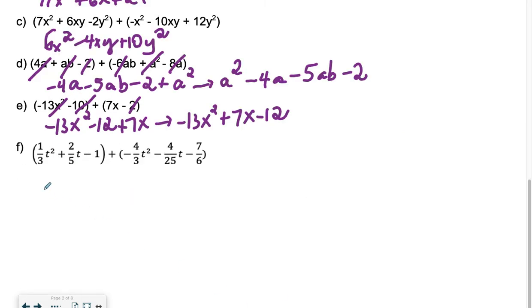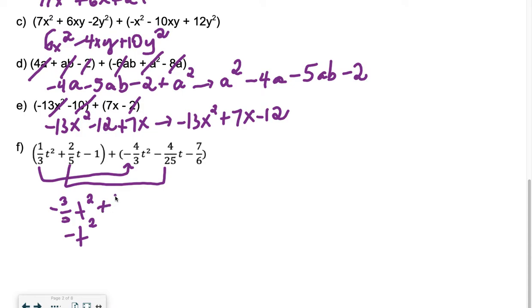Finally, some fractions, so I would get common denominators. These can combine together. They already have a common denominator. Negative 3 over 3t squared, which just is negative t squared. 3 over 3 is 1. 2 over 5t and negative 4 over 25t. So the common denominator there would be 25.